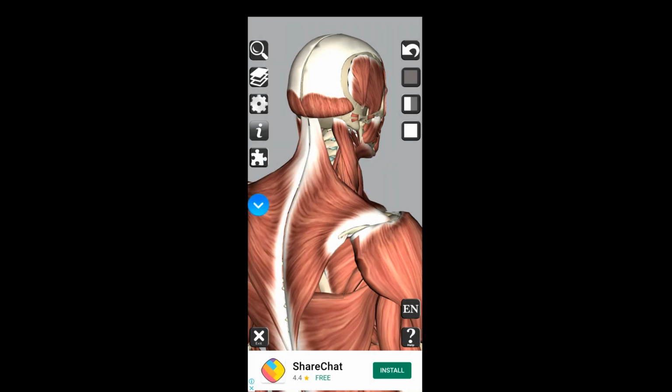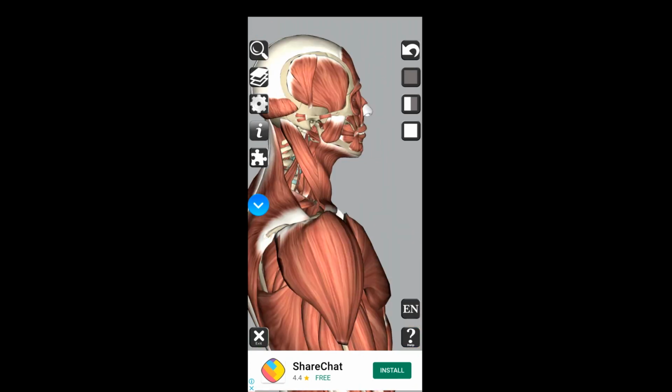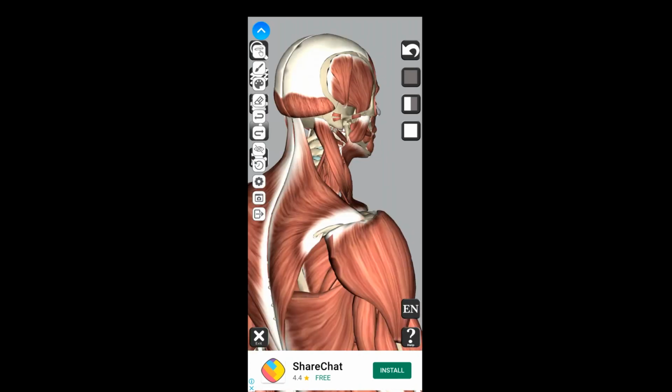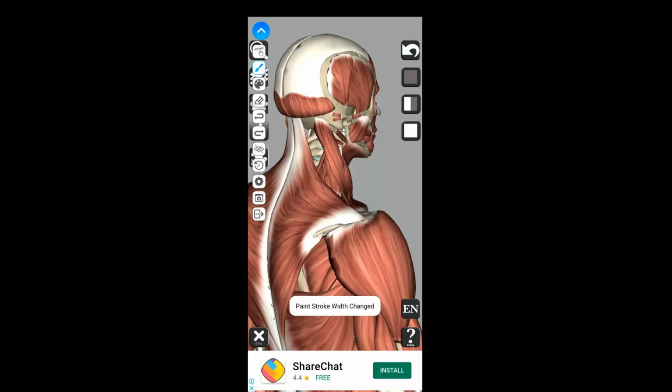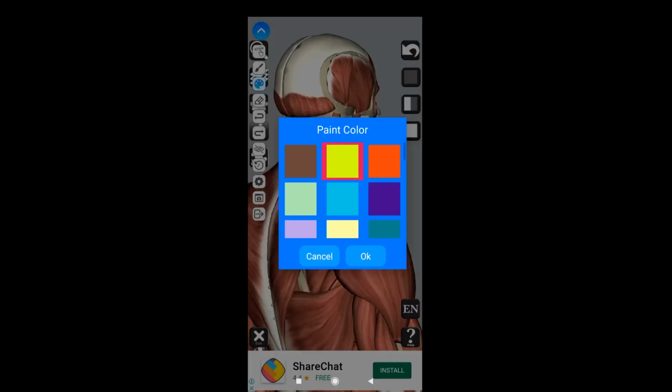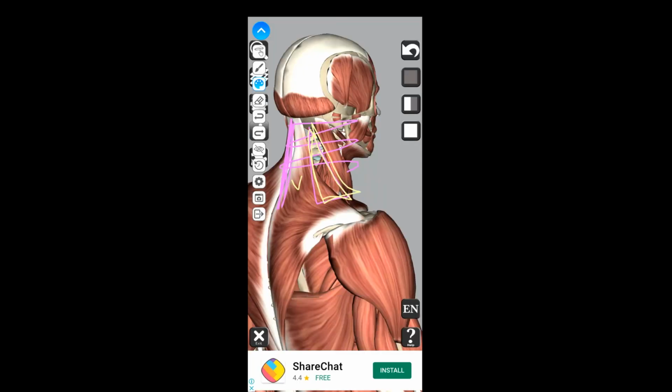See, guys, the investing layer, which I was telling, the roof of posterior triangle. See in this diagram, your investing layer is starting here, right? So it is covering everything. This is your posterior triangle. First it is enclosing your trapezius, then it is forming the roof of the posterior triangle, then it is enclosing your sternocleidomastoid.